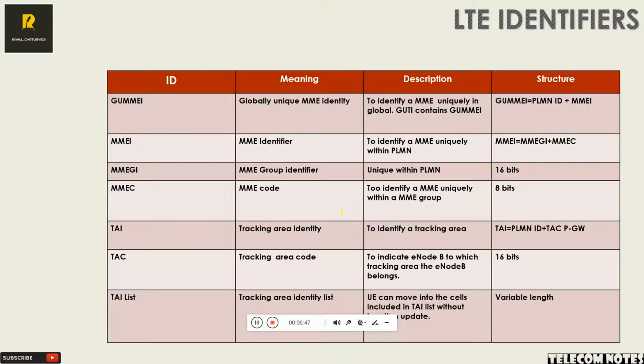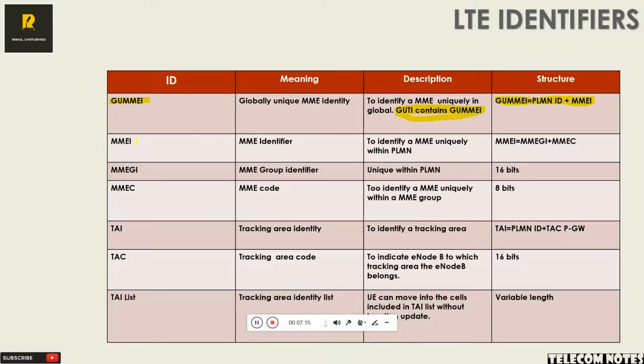So coming to the further slide, you can have a look. It's GUMMEI right now, that is globally unique MME identity, to identify an MME uniquely in global. GUTI contains GUMMEI. So GUMMEI is actually the combination of PLMN ID with MME ID.